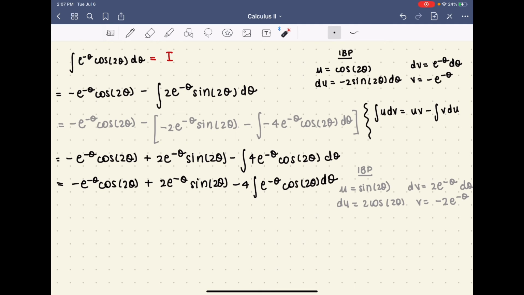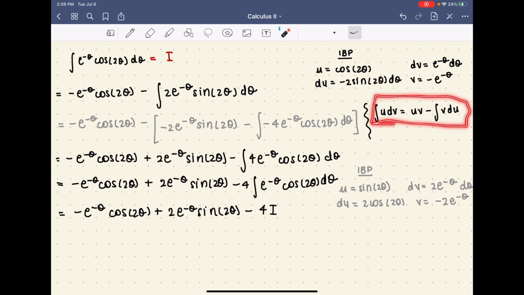Well, if this is I, then we can set this whole thing as I, so that it becomes minus 4I. And we can see that in our initial, this is IBP, uv, minus the integral of v du.